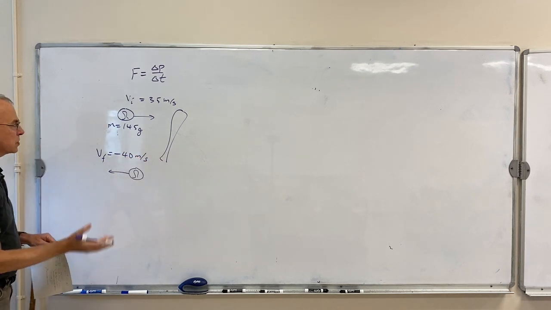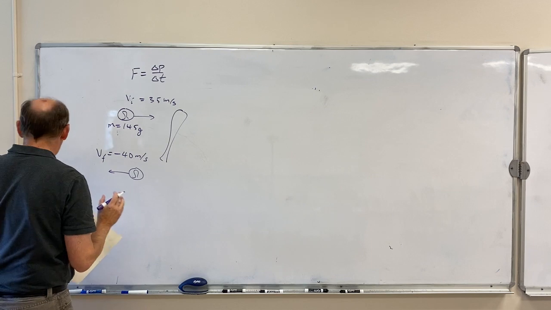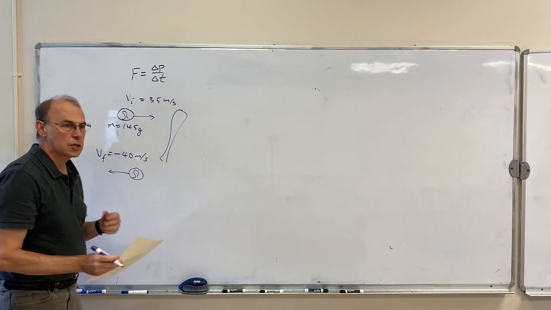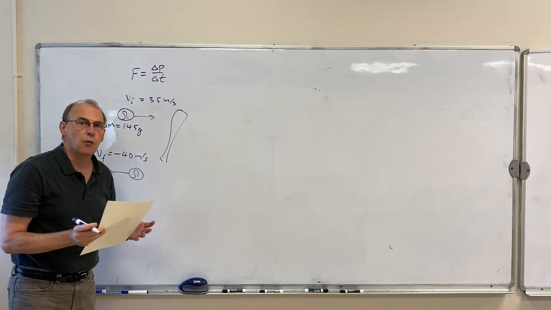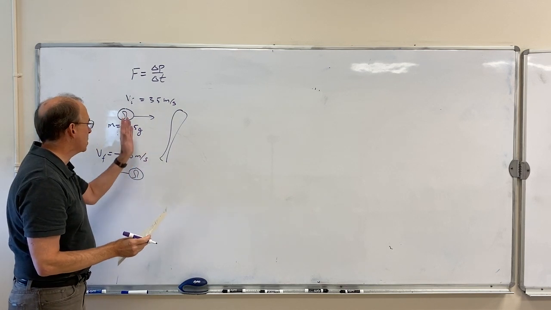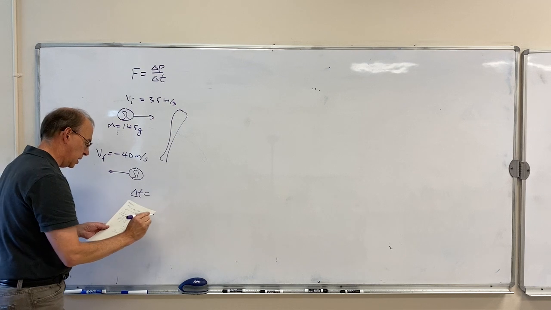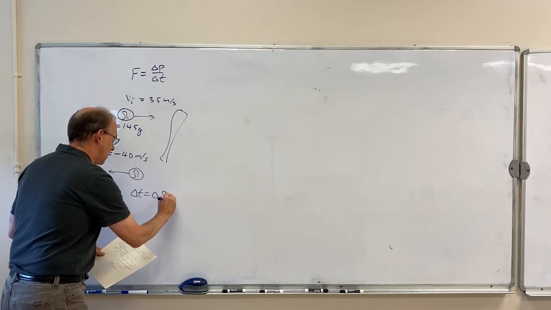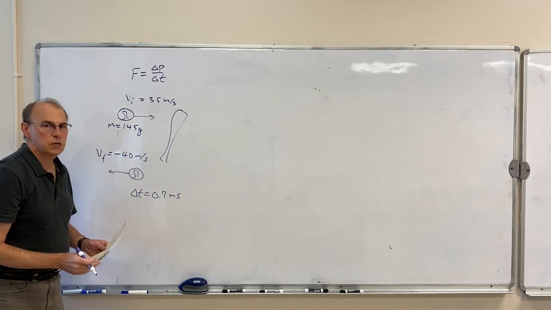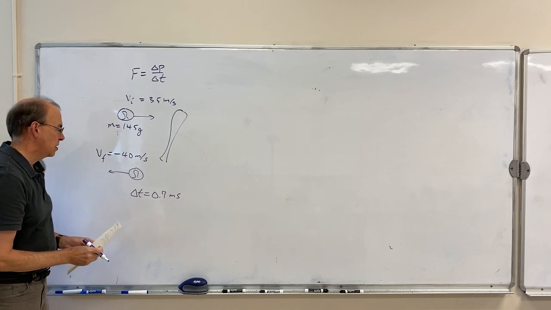It's going even faster in the opposite direction. So let's estimate the force if this collision between the bat and the ball takes an estimated time, delta t, of 0.7 milliseconds, 7/10 of a millisecond.